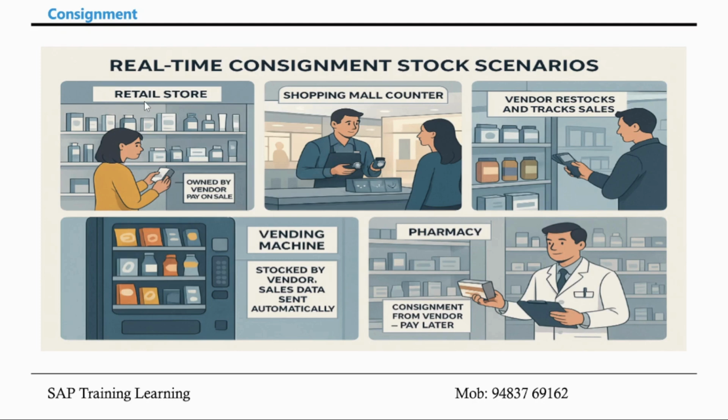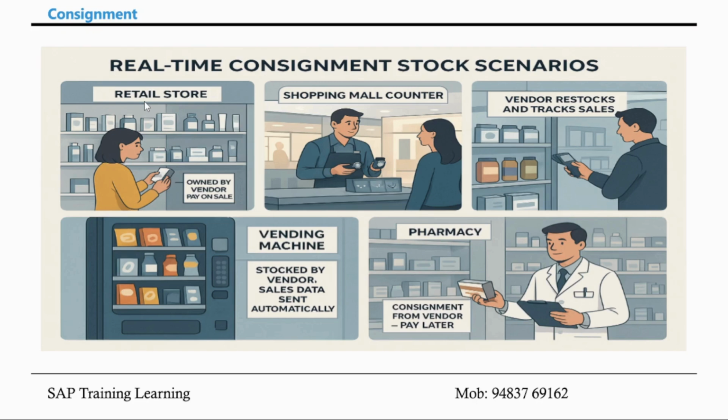Instead, they allow those vendors to keep their stock in these retail stores, and these stores will make the payment to the vendor only when those products are sold. This way, the retail store keeps some commission and gives the remaining amount to the vendor. So this whole process is called consignment procurement type.